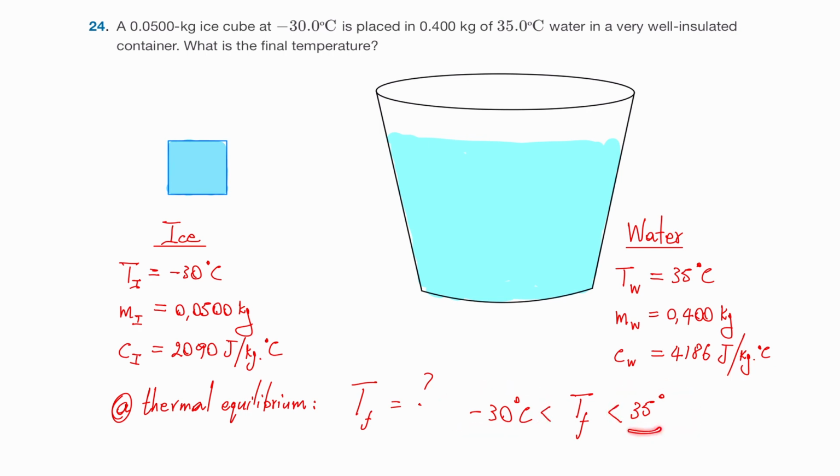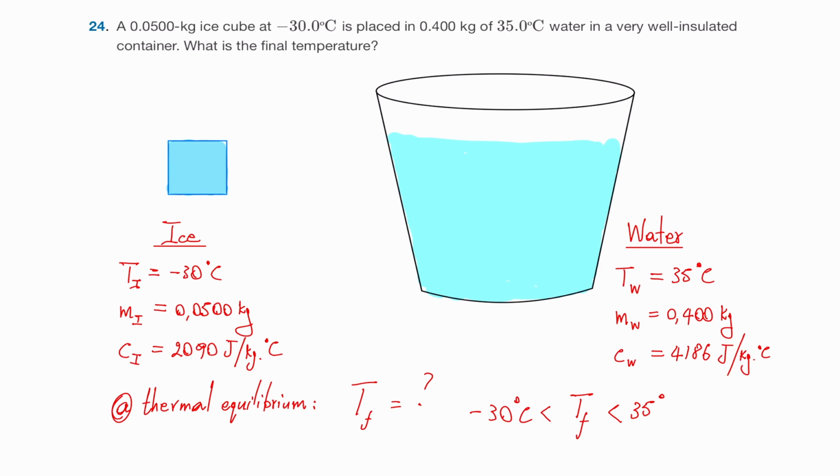So it must be less than 35, but also it must be larger than minus 30. That's very, very important. We don't know what the temperature is. We're going to designate it by TF, but we can assert that the final temperature will be less than 35 degrees Celsius, but larger than minus 30.